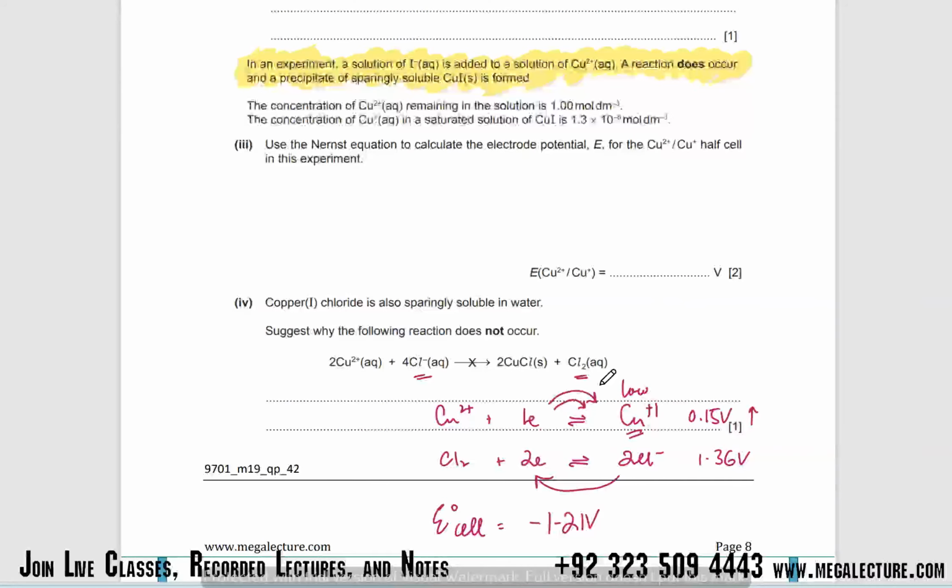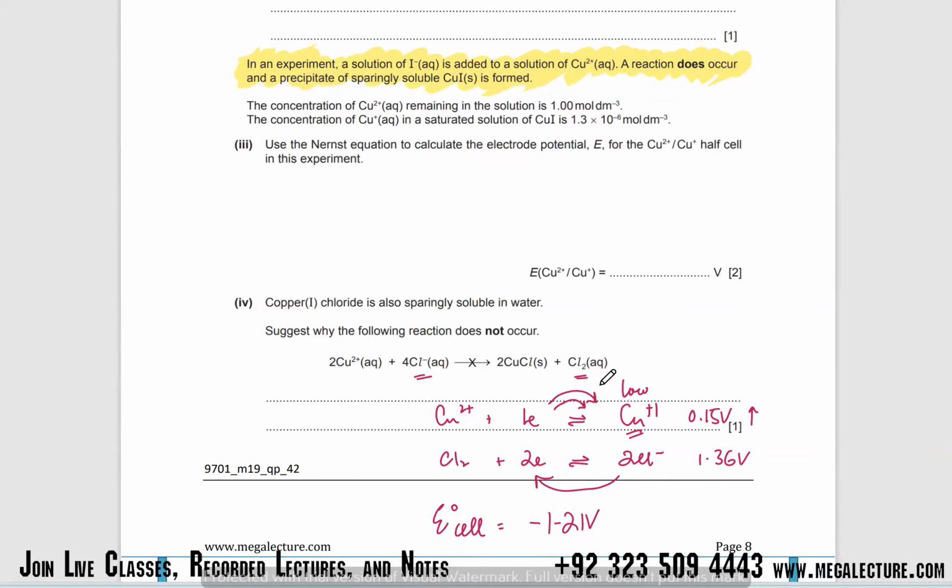Why can't we use the same logic as the one with copper iodide? Okay, any idea?